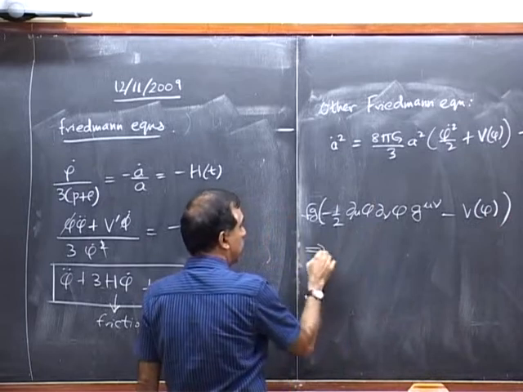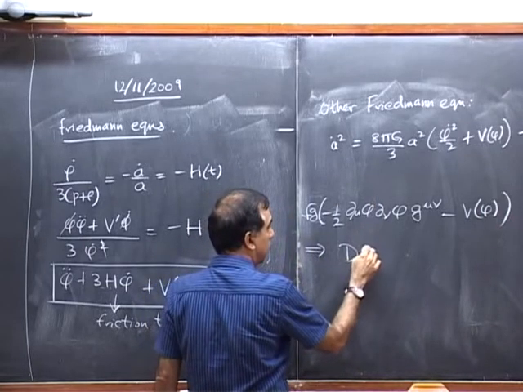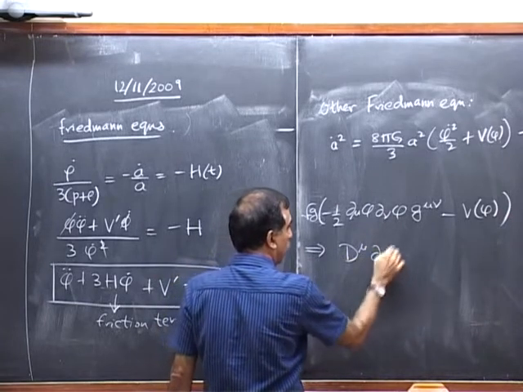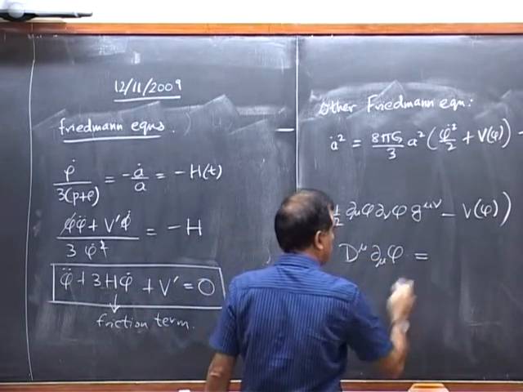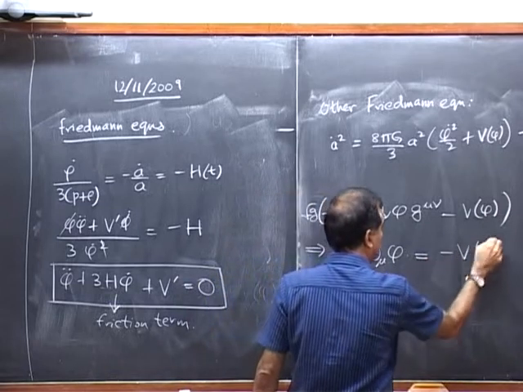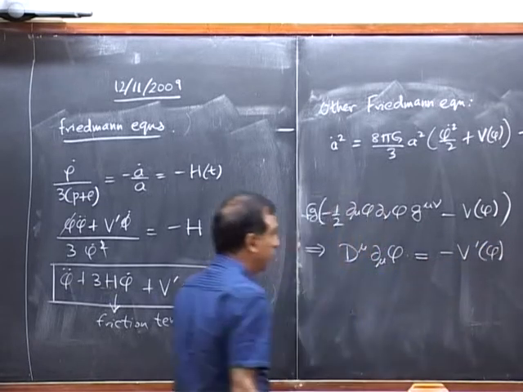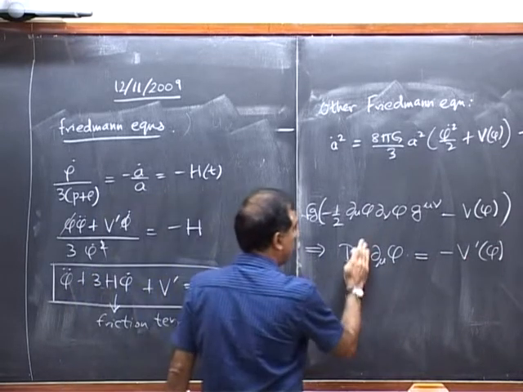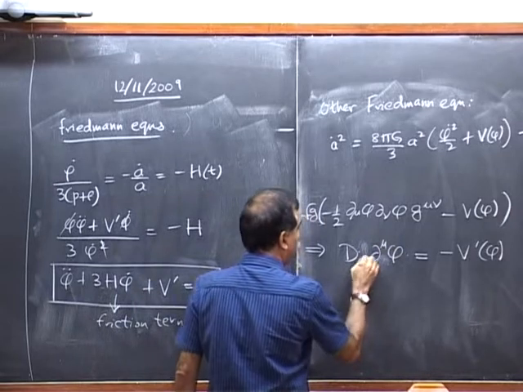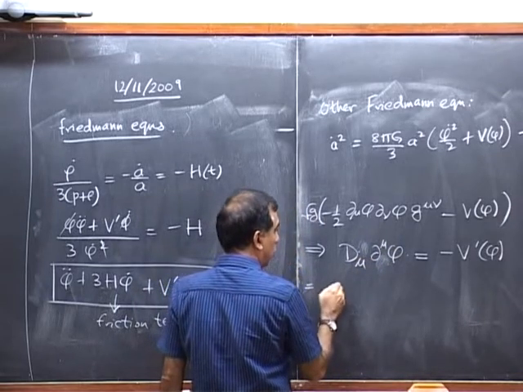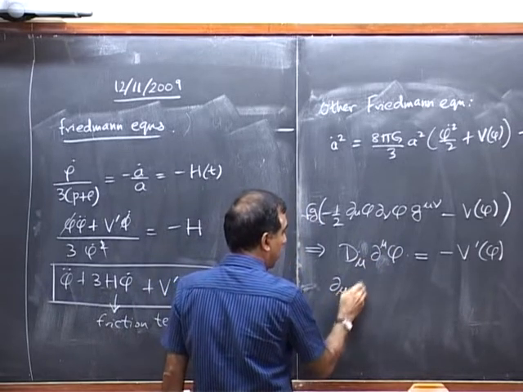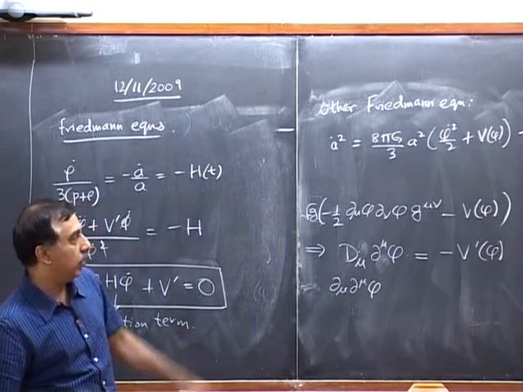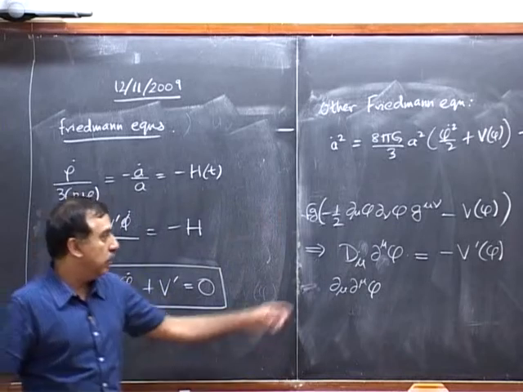So the equation of motion can only be del mu del mu phi equals minus V prime of phi. Maybe it's better if I write it this way. So this is equal to del mu, ordinary del mu phi. So this modification to capital D mu comes about because we have coupled the metric to this.